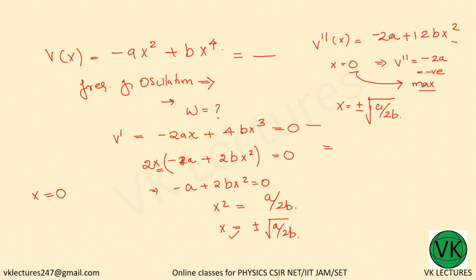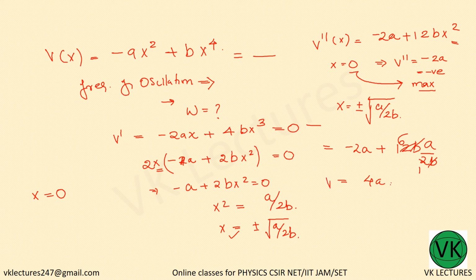So minus 2a plus 12b, what is x square? X square is a by 2b, b gets cancelled, this is 6, this is 1. So minus 2a plus 6a, that is equal to 4a.